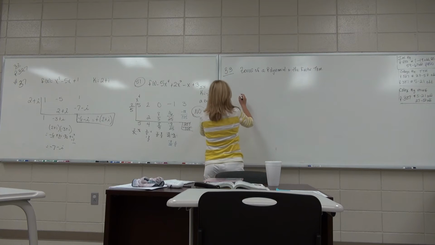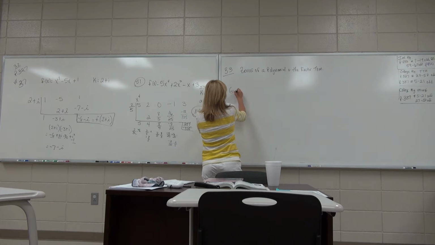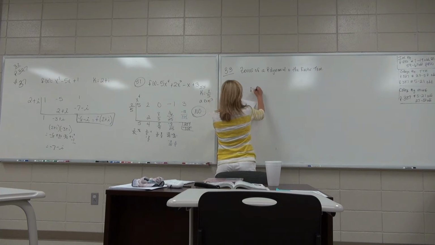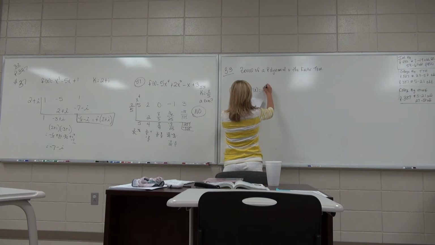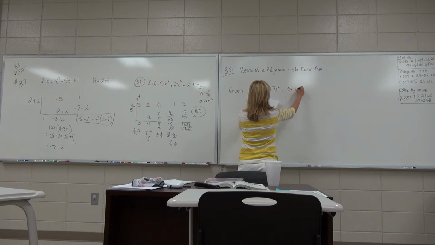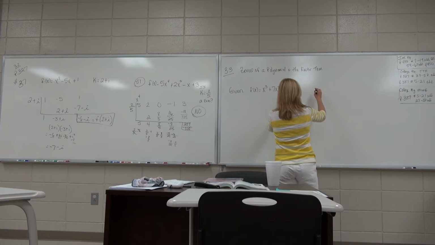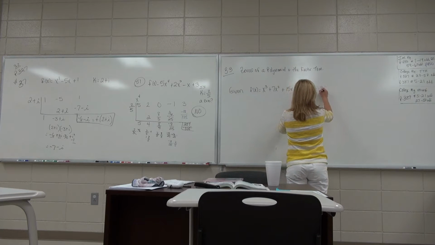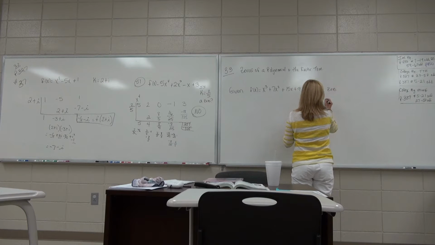Alright. So let's say you're given f of x is equal to x cubed plus 7x squared plus 15x plus 9. And I'm going to tell you k equal negative 3 is a zero.